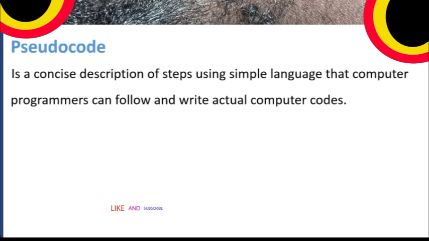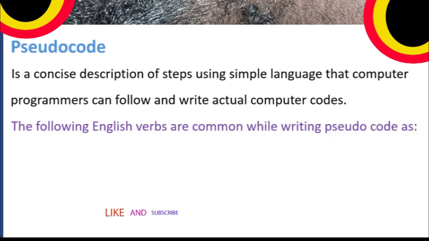A pseudocode can guide programmers to write the actual code to run on a computer. But a pseudocode cannot run on a computer because you write using human-like language. You don't use the commands of a particular programming language, but you use simpler language, which is human-like, which can be read and understood even by non-programmers.